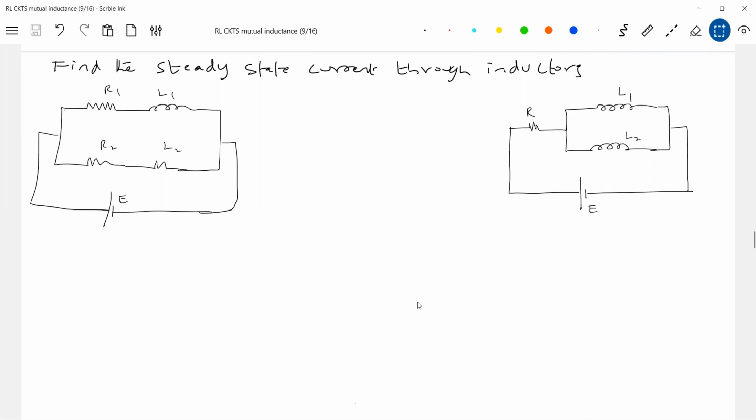At steady state, we replace the inductor with a short circuit. So I'll directly come to the current at steady state. We are discussing everything at t equal to infinity, not at any time t. So what is I1? Directly, straight away, I think we can write it. I1 is equal to.